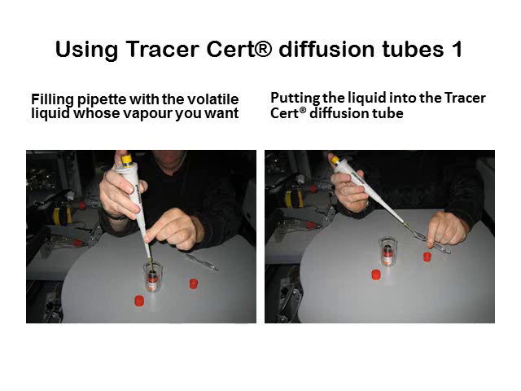The first step in using Tracer Cert diffusion tubes is to remove the red screw cap and pipette a small volume of the volatile liquid into the reservoir. Alternatively, with a solid, use a semi-micro spatula to place a small amount of powder or crystals into the reservoir.